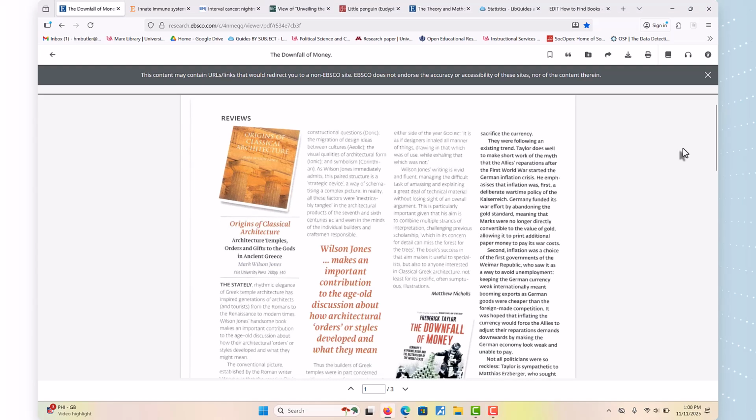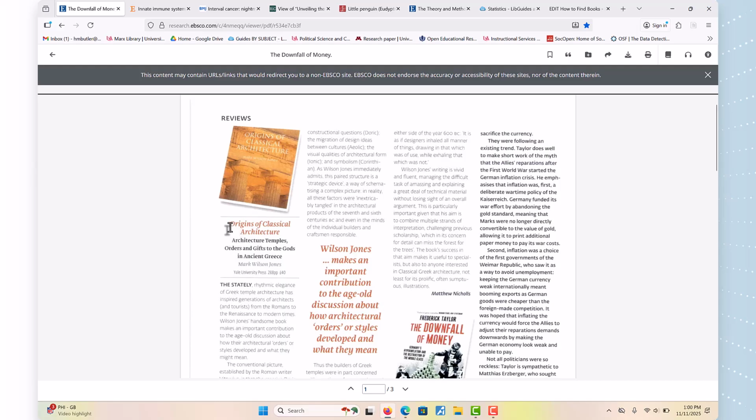First, we'll look at articles that have likely not had peer review. We are going to look at a book review article or a review article. They are meant to review a publication that has come out recently. In this case, this has been written by Matthew Nichols, and they have written a review about Origins of Classical Architecture.